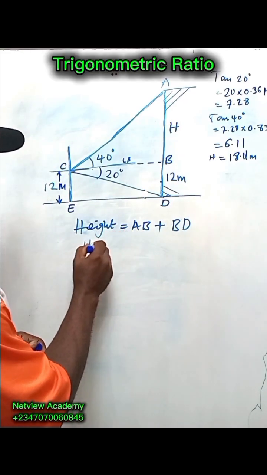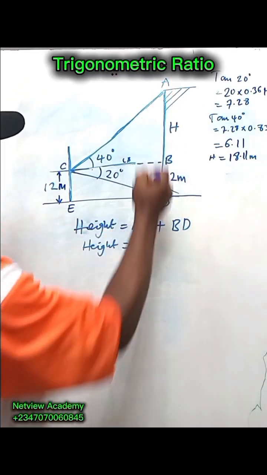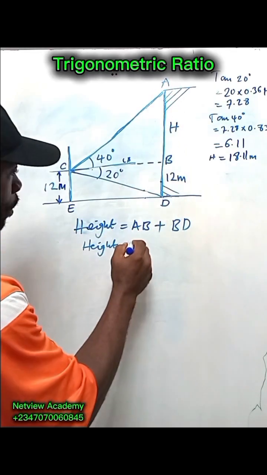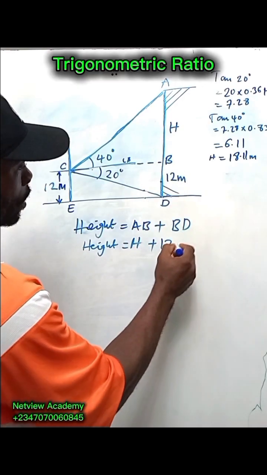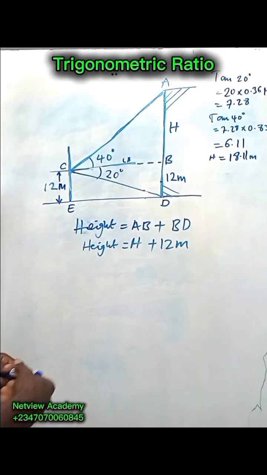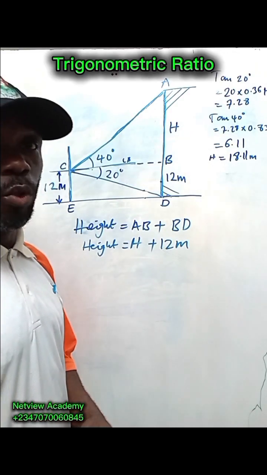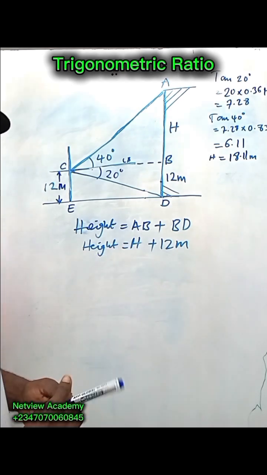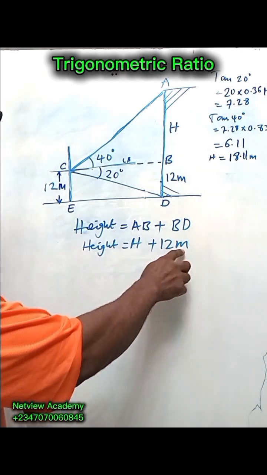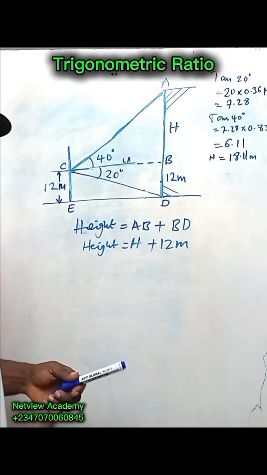Therefore, the height of the building is equal to H, the distance of AB, plus 12 meters. So now what we need to do is look for the value of H. We add the value of H to 12 meters to get the height of the nearby building.